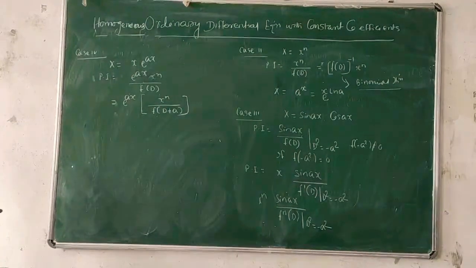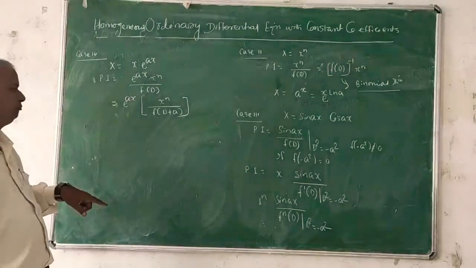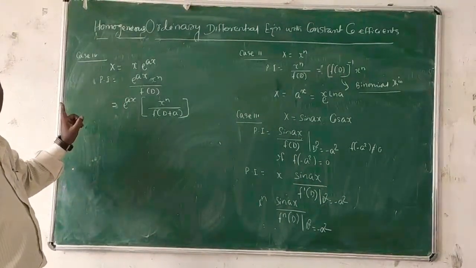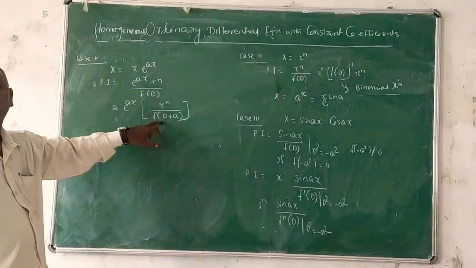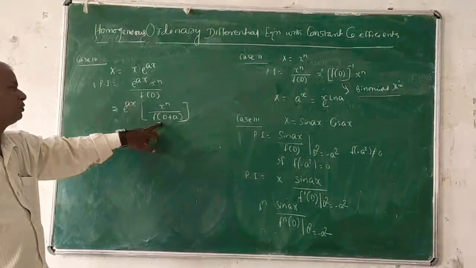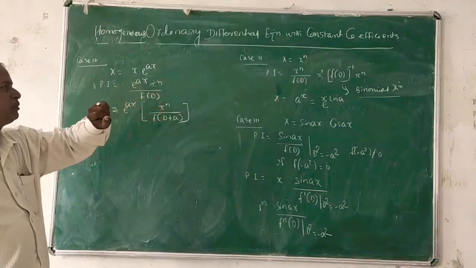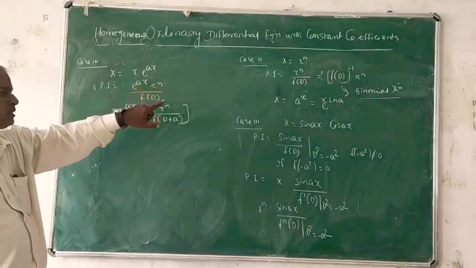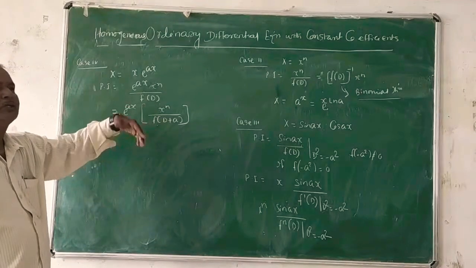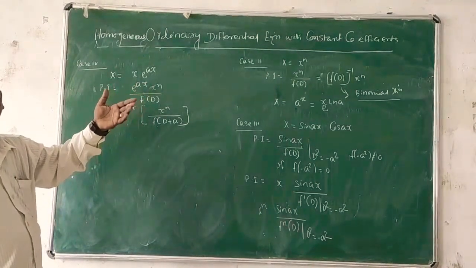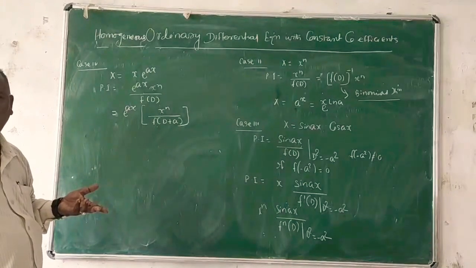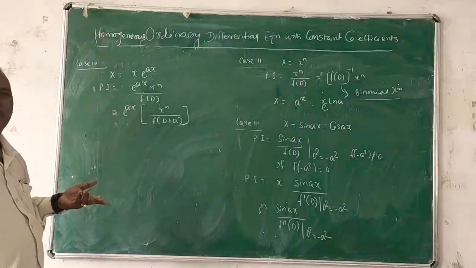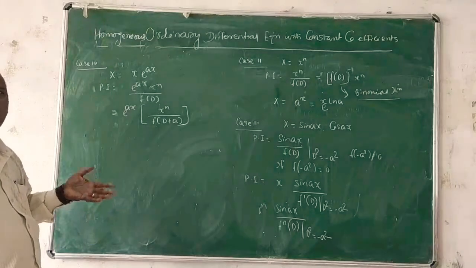Instead of D, you substitute your D plus a. You separate your e to the power ax, and this is your x to the power n by f of D plus a. Only you apply the formula which I have applied in case number 2: you take f(D+a) inverse to the numerator, into x to the power n, and expand it by dint of the binomial theorem.